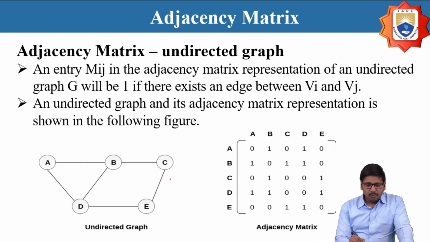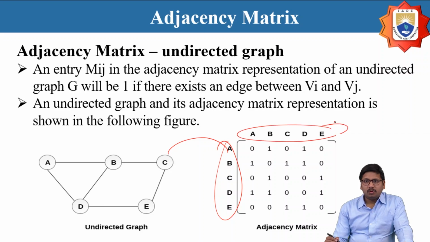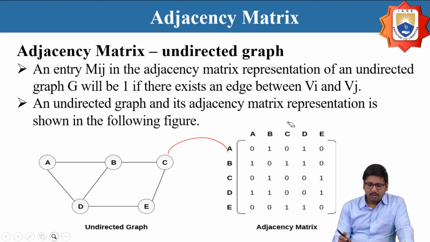So if I'm going to have a graph like this, how can I represent the adjacency matrix here? For this, first we have to represent the set of vertices among the rows and columns. Whenever there exists an edge from one vertex to another vertex, I can represent it as 1. So I have an edge from A to B, so that's why I'm going to represent 1. I have an edge from A to D, so that should be 1, right?